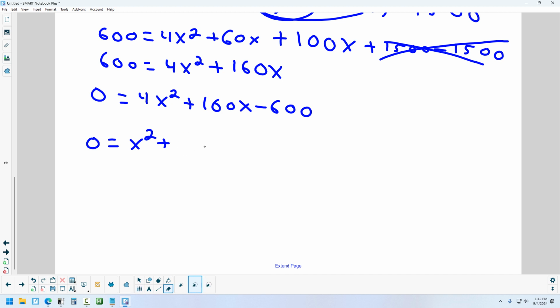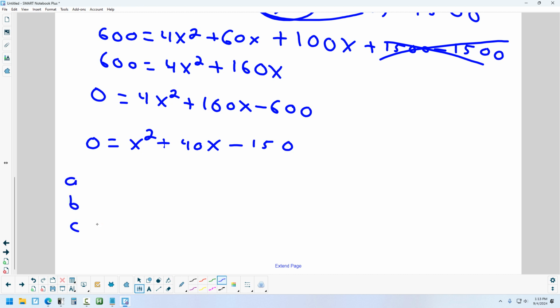And what's 160x divided by 4? Yeah, 40x. And how about Logan? 600 divided by 4 gives me 150. Yep. Okay, so now we're ready to do the quadratic formula.